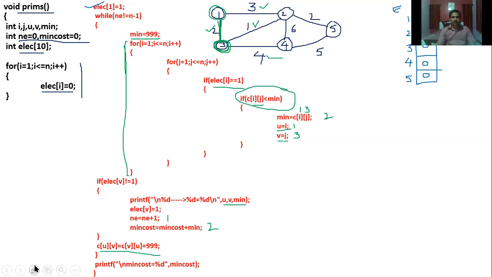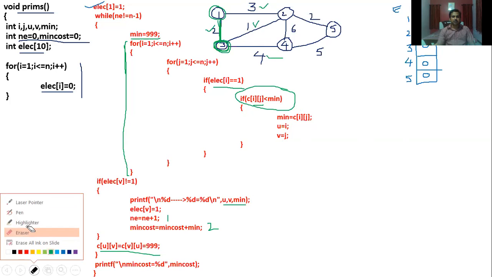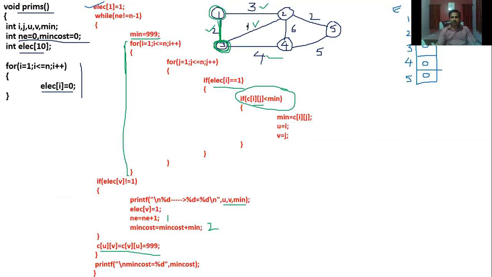Okay. So what I do here is, among these three, the minimum I'm supposed to consider is going to be this edge. This is selected and this is not. I can consider that one. So minimum is equal to 1, u is equal to 3, v is equal to 2.